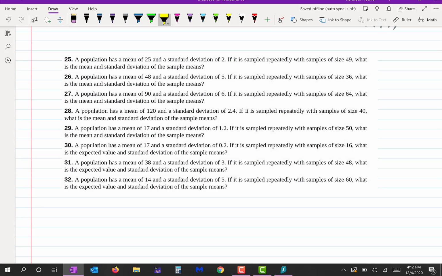So let me paraphrase. The question is saying this. If mu equals 25, sigma equals 2, and n equals 49, then what do mu x bar and sigma x bar equal?